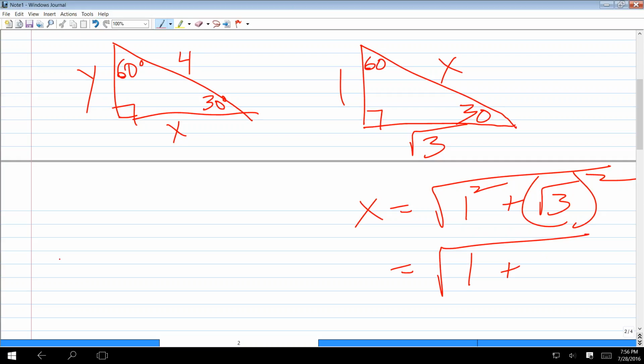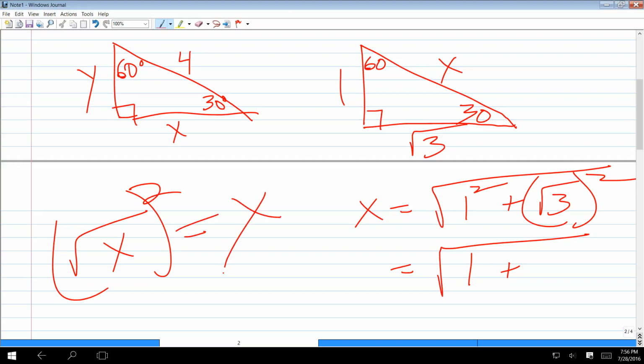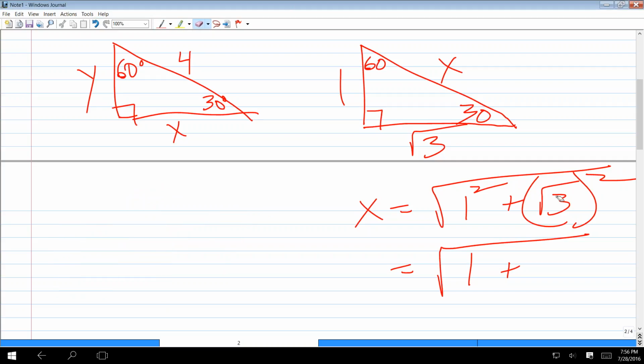The square root of x squared is always x. Just remember that when you square a square root of a number, it's always going to be whatever that number is. So it's 3, plus 1 is 4, and the square root of 4 is 2, meaning x is 2.